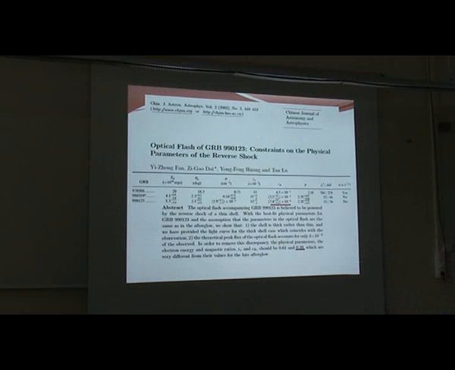Still, with this parameter it's still a baryonic flow, so the magnetic field doesn't affect the hydrodynamics. We just changed the parameters here. So this might imply a magnetized reverse shock region.